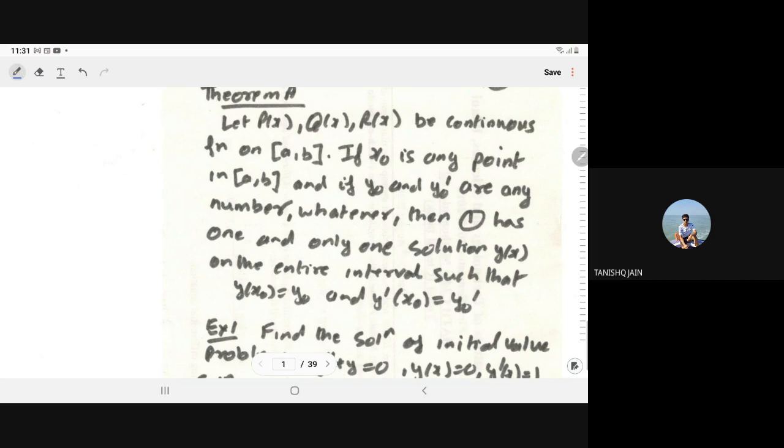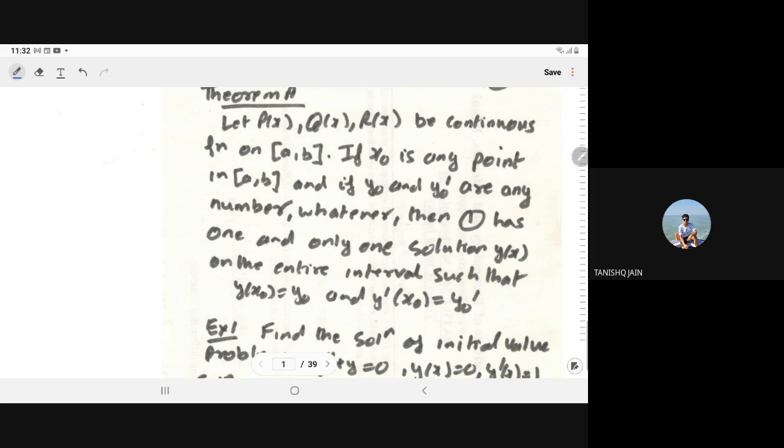Let px, qx, rx be continuous functions on the closed interval ab. If x naught is any point in the closed interval ab, and if y naught and y naught dash are any numbers, it is not a derivative, it is an arbitrary number, 5, 6, whatever, then the equation has one and only one solution, that is, a unique solution, yx on the entire interval a to b, such that y at x naught is equal to y naught and y dash at x naught is equal to y naught dash.